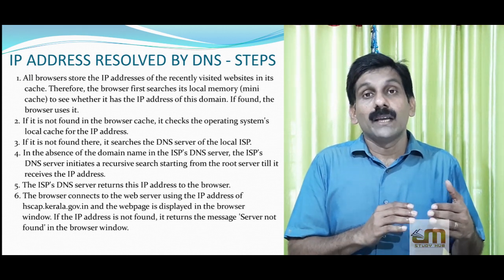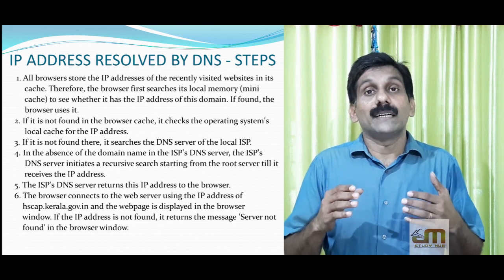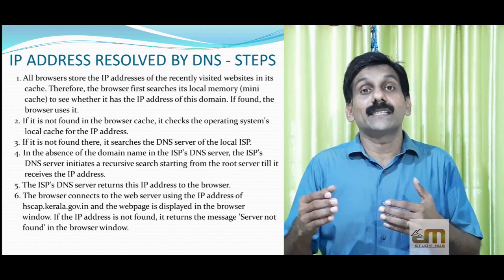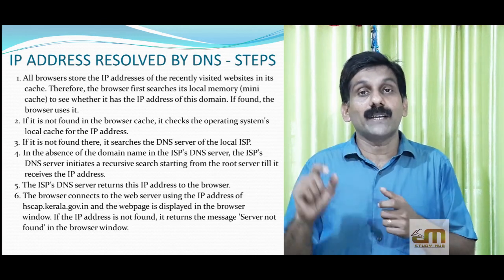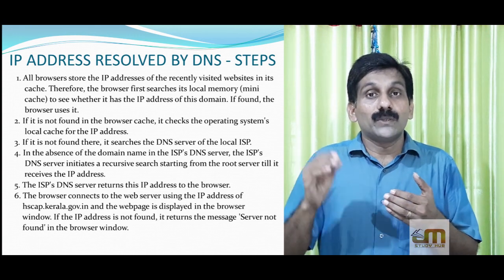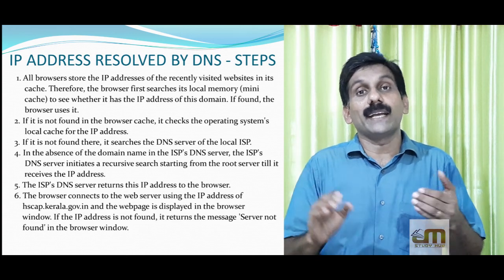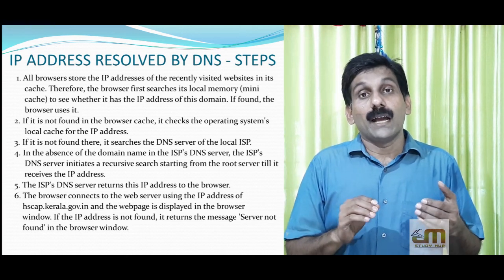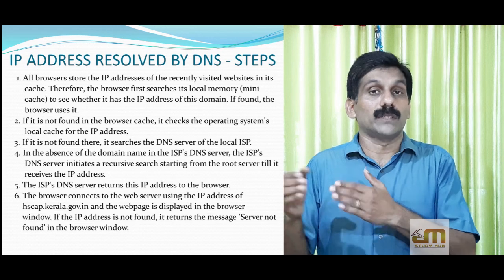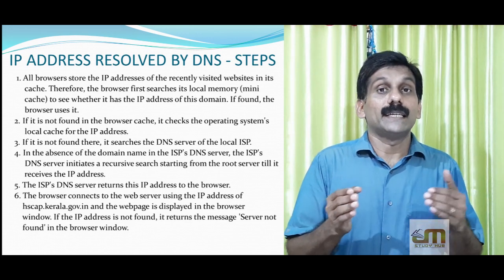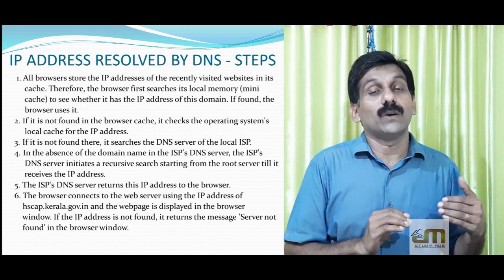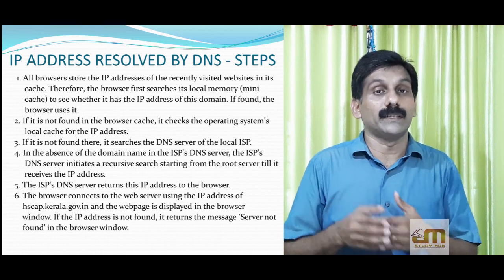Otherwise, it will start a recursive search starting with the root server. It will send the request to the root server, to the next level in the hierarchy, and so on, till the address is found. And when the IP address is obtained, it is returned back to the client who requested this IP address.